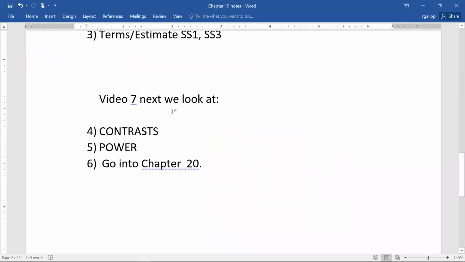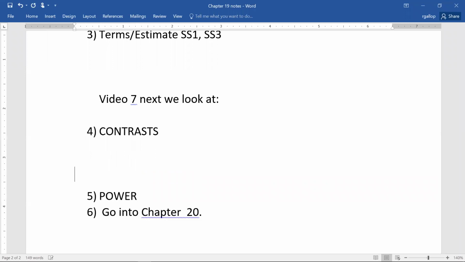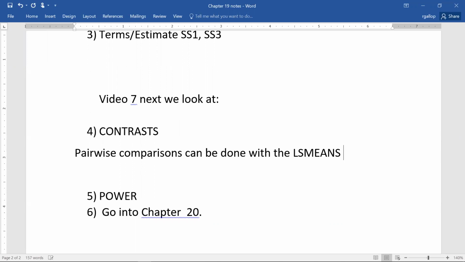So in this example here, we saw the pairwise comparisons can be done with the LS means command.